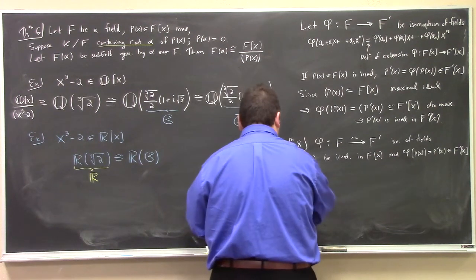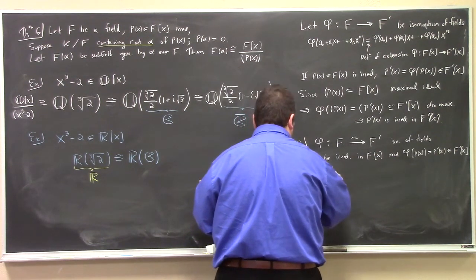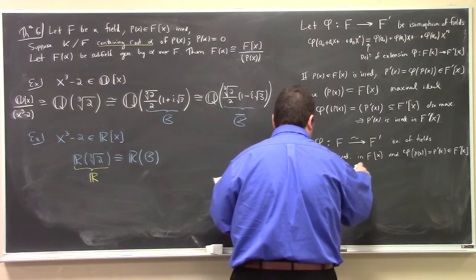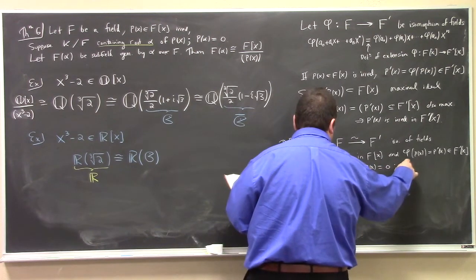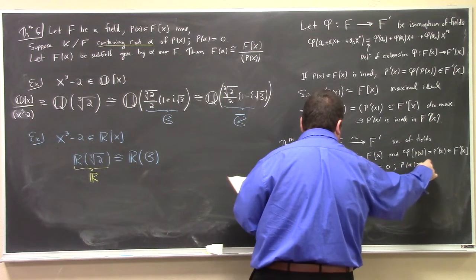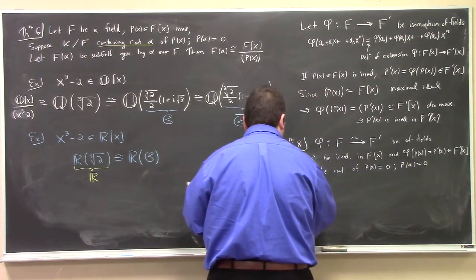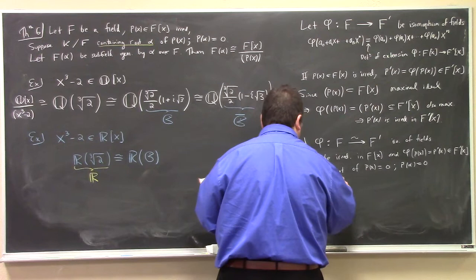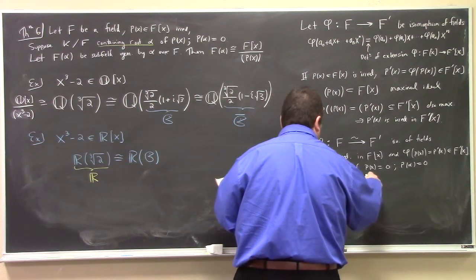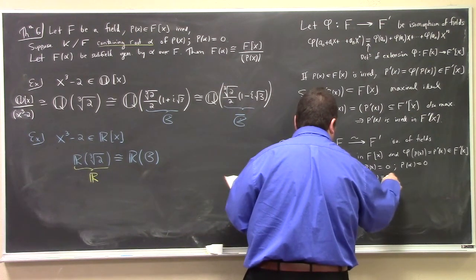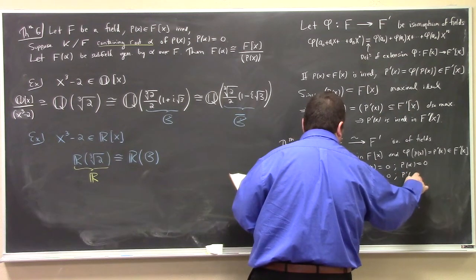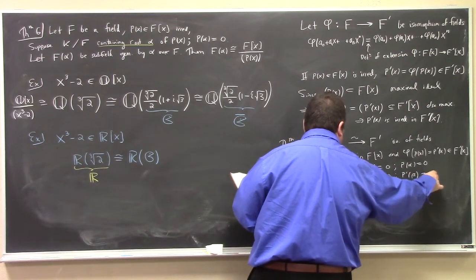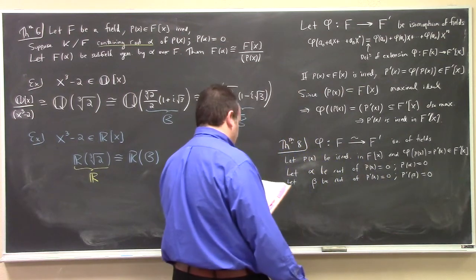He says let alpha be a root of P of X equals 0, in other words, P of alpha equal to 0. Let beta be a root of P prime of X equal to 0, meaning that P prime of beta equal to 0.